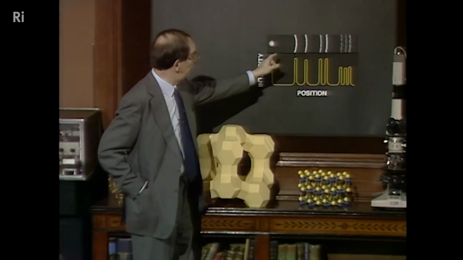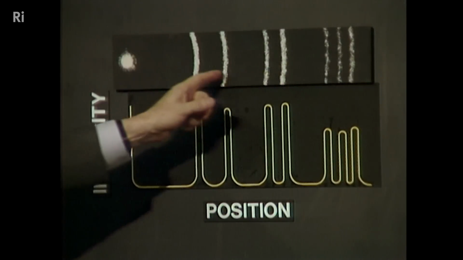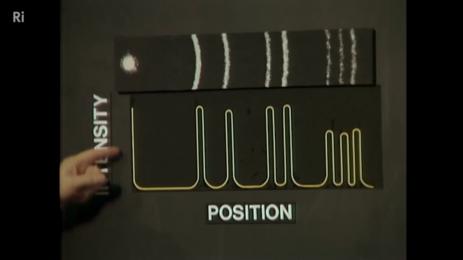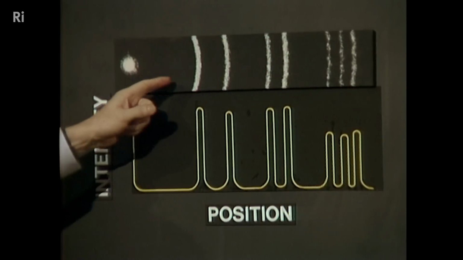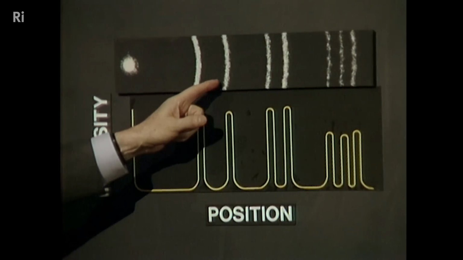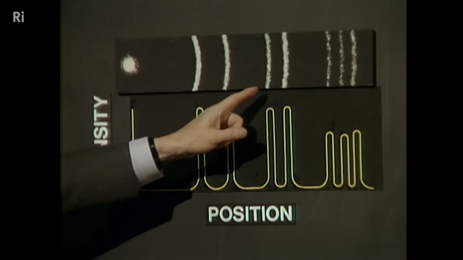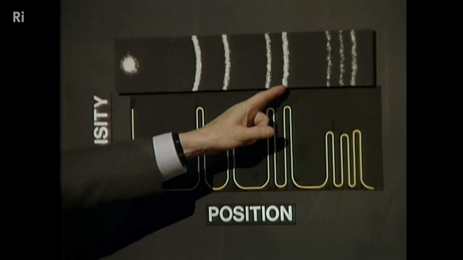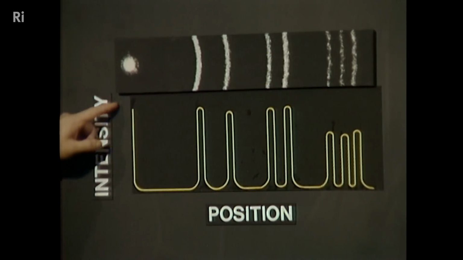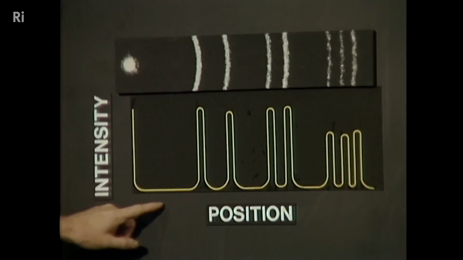Here's the bit of the diffraction pattern, and what I've now done here is to convert that picture of lines, which are intense, slightly less intense, slightly less intense, intense, substantially less intense. And now I've plotted intensity against position.